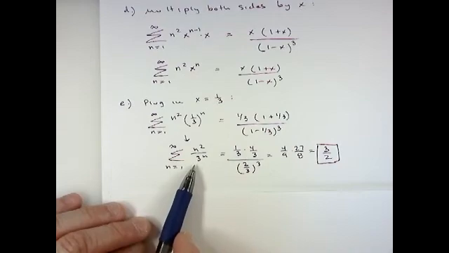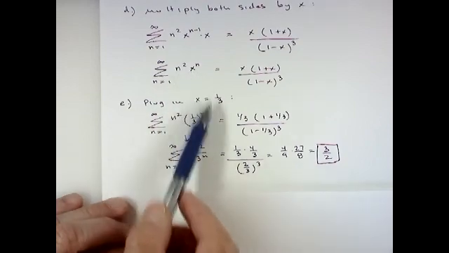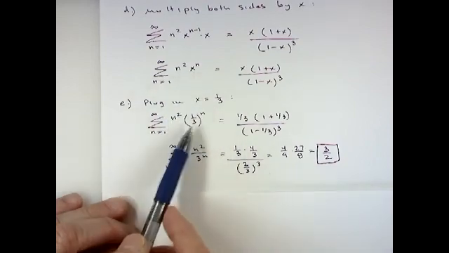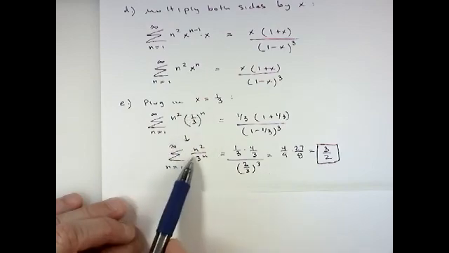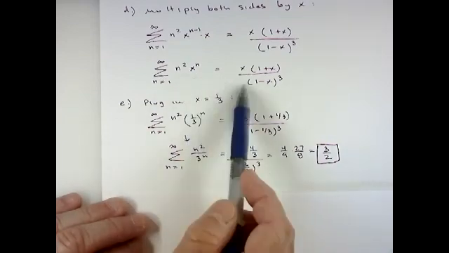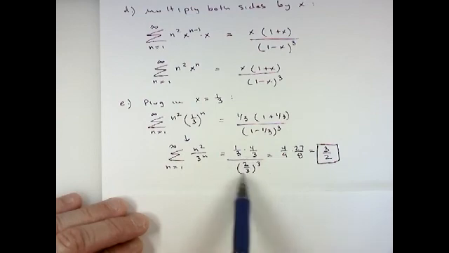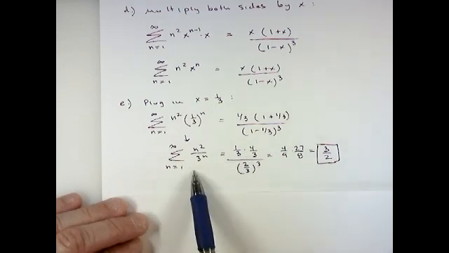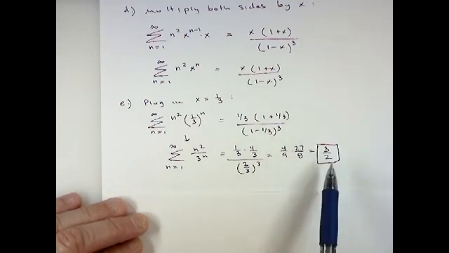That's what we were trying to find the sum of, which is exactly what you would get if you substitute 1/3 in for x, right? 1/3 to the n is the same thing as 1 to the n over 3 to the n, or just 1 over 3 to the n, so we get n squared over 3 to the n. Because these are equal, if I plug in 1/3 for x on the right side, then I can actually figure the sum out. The sum of this series, if you do all the math, gives you 3/2.